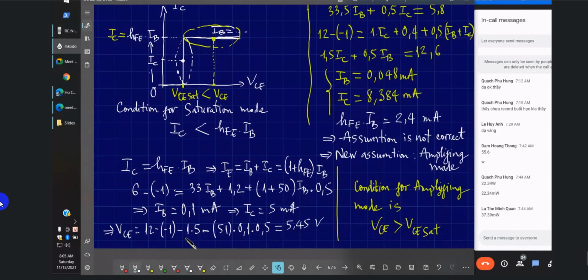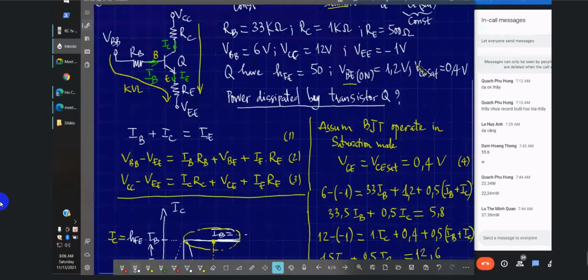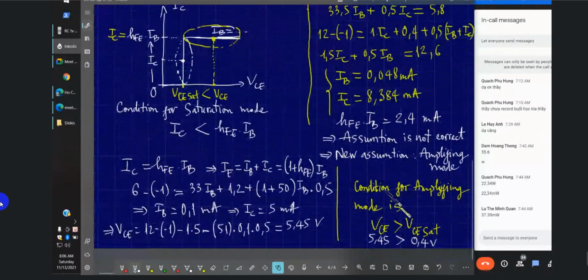This VCE 5.45 is greater than 0.4 volt, so this is correct. So the working mode for the transistor would be amplifying mode.